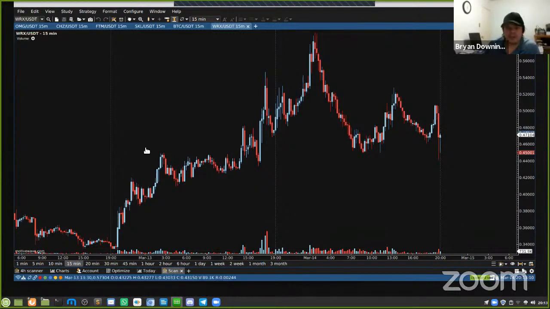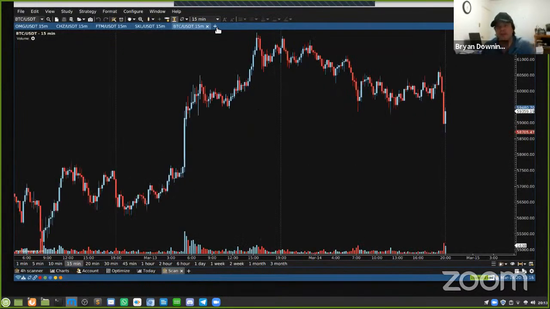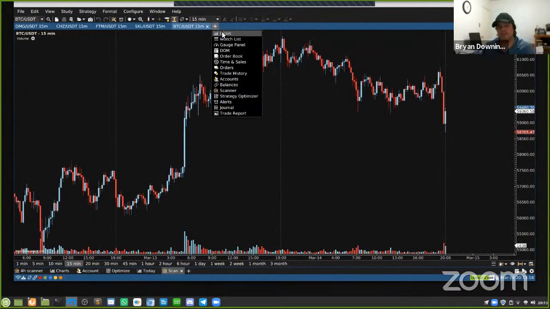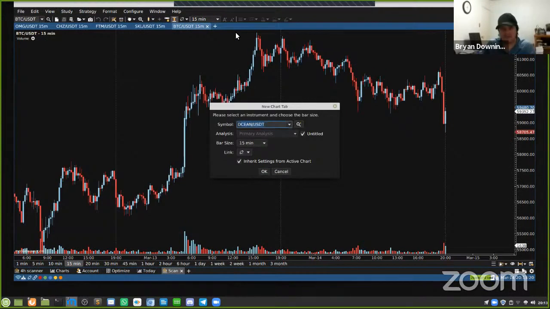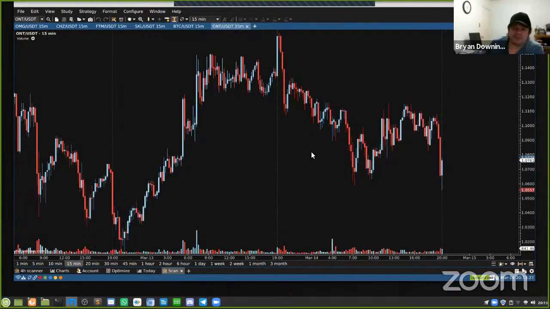Ontology is another one. I'm just going through the order of my spreadsheet here from earlier today. ONT. Yeah, so it's been fairly flat. These are not big winners, but again, when you look at the close of $1.06 up to here, $1.08, you know, that's a 10-cent move.